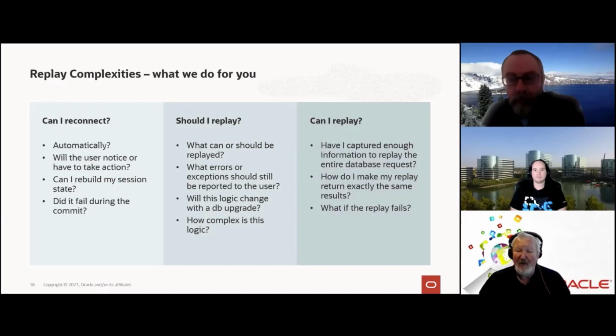And if the service moves, which is the concept that we're talking about, either for maintenance, where you're being moved off an instance or a node that's about to have some changes made to it, or as a reaction to a failure where there's been some physical failure, we'll move that service automatically for you. And your application just says, I need to connect to that service, and it goes to wherever it now is.